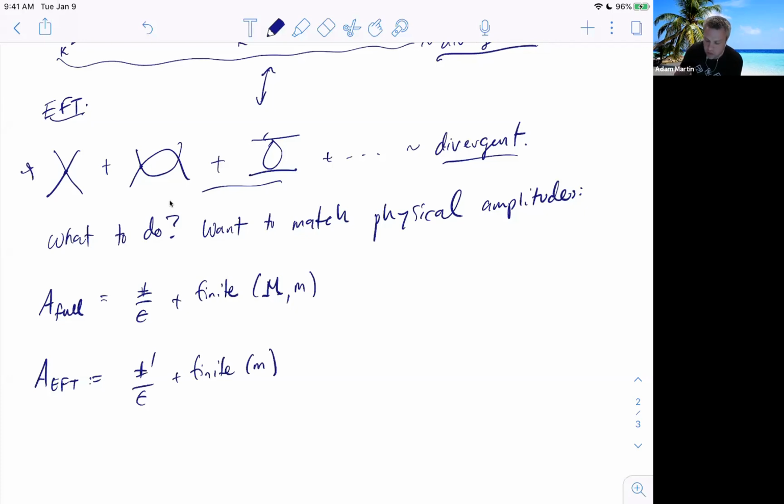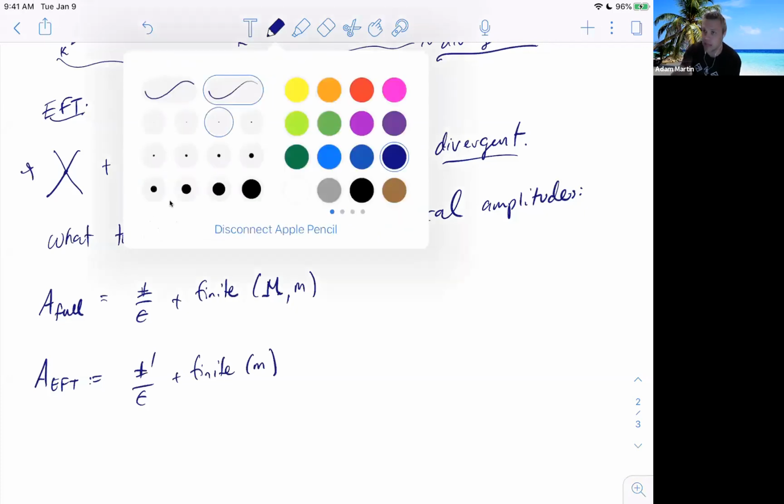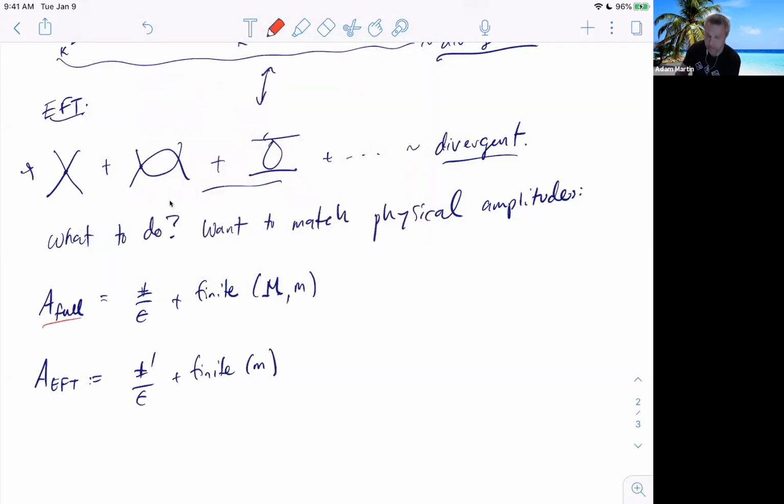And so what do we do in renormalized perturbation theory when I'm calculating a physical amplitude? Well, we know there's also a contribution to these amplitudes from the counterterms, and we choose them to get rid of this stuff. A physical amplitude, because it's connected to something I can measure, can't be infinite.